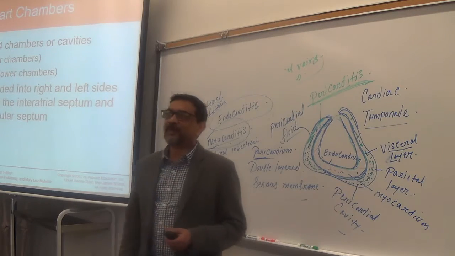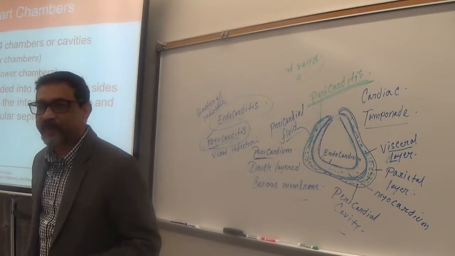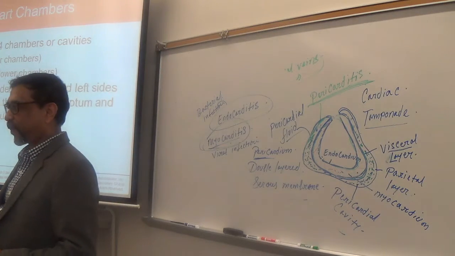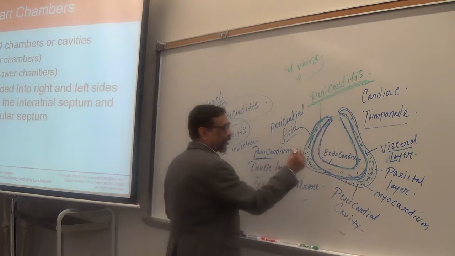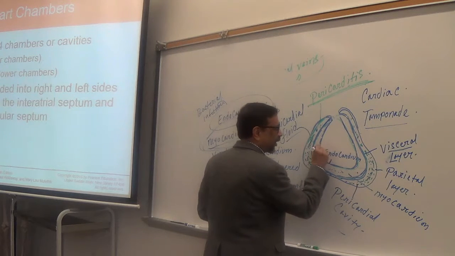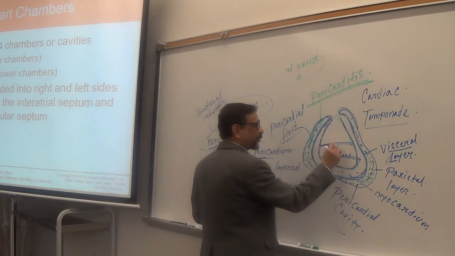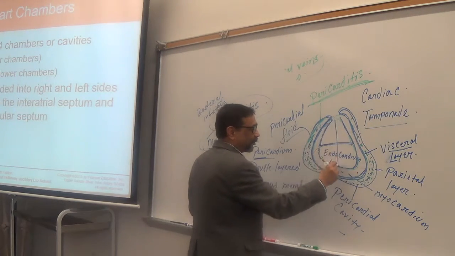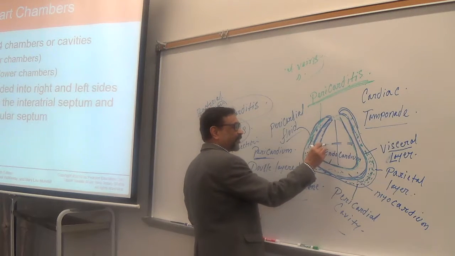Okay, now we'll see the valves inside the heart. I'm sure all of you have heard that there are valves inside the heart. And how many valves do you have? You have 4 sets of valves.